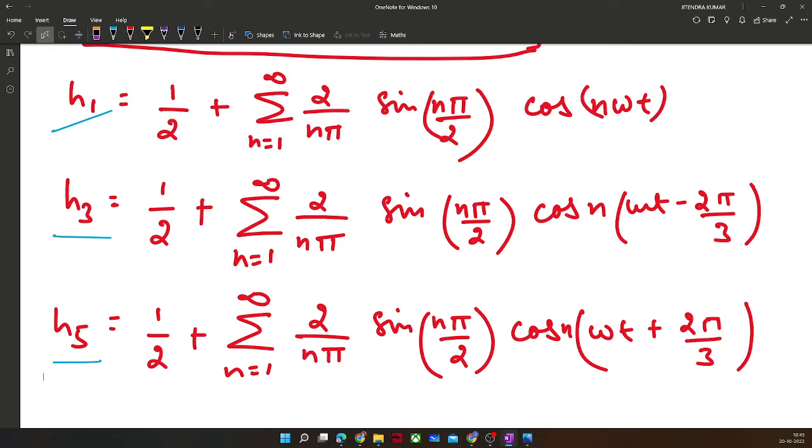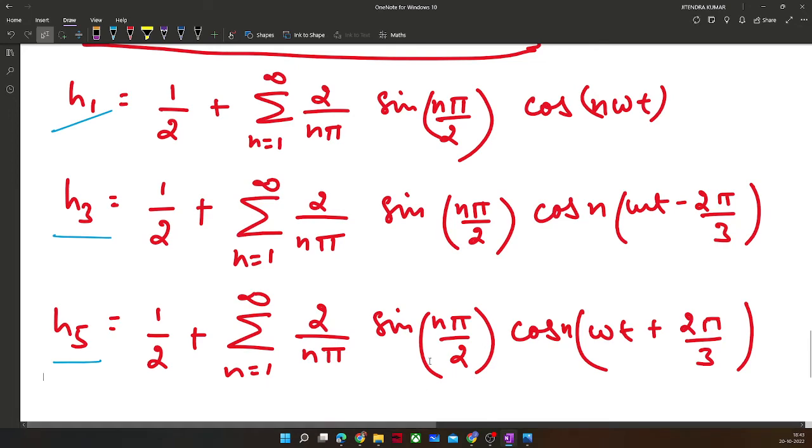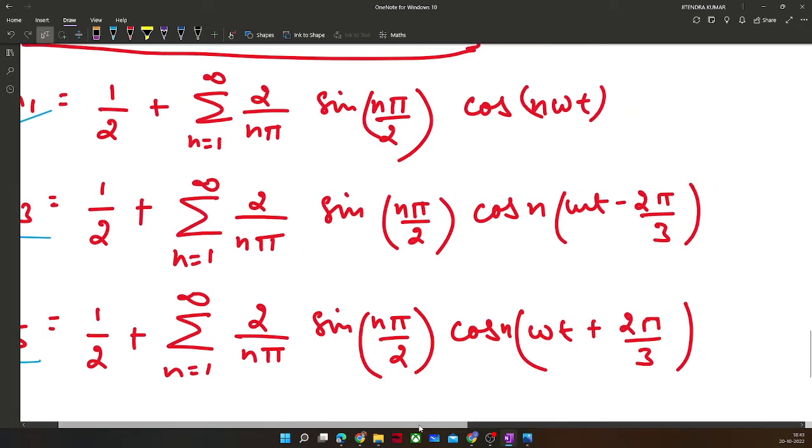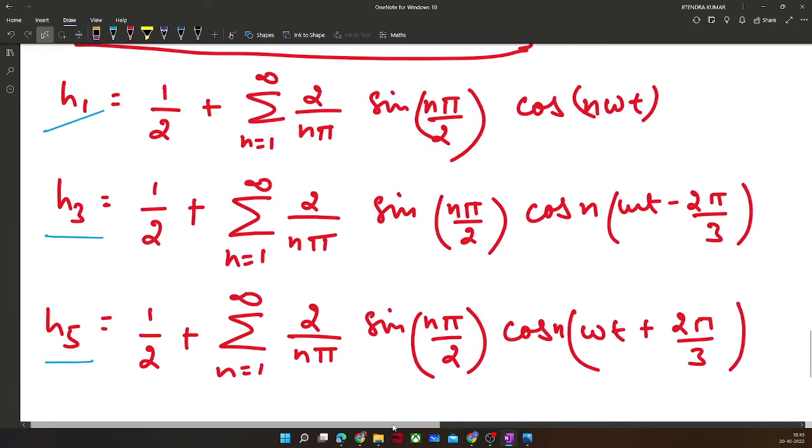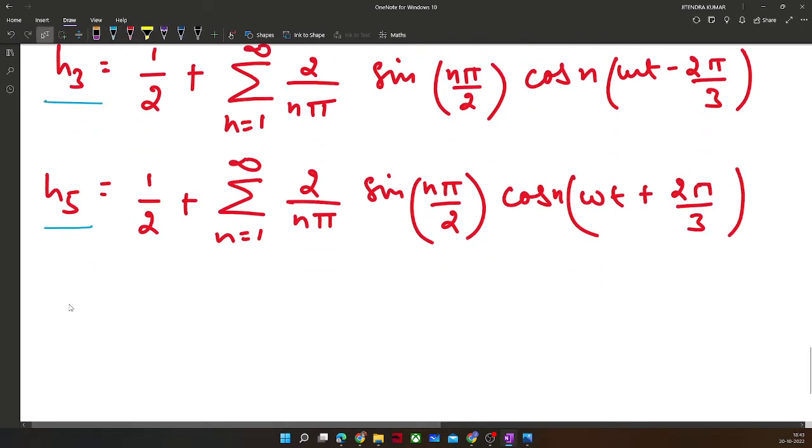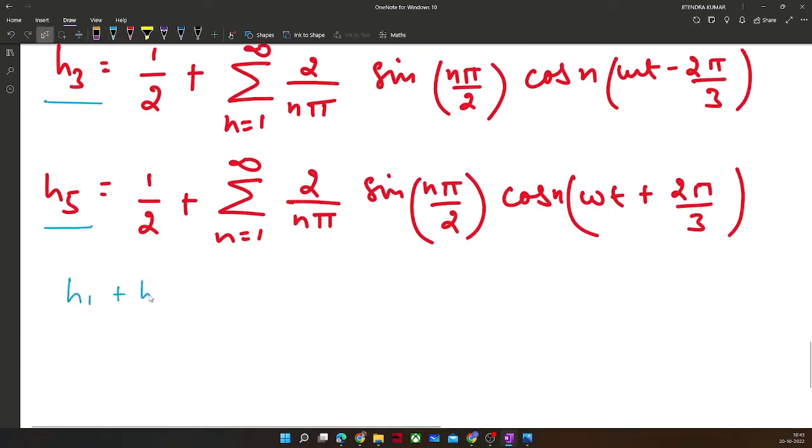Now, if you want to compute H4, let's say, we will apply this condition. We knew H1 plus H4 is 1, then H4 would be 1 minus H1.